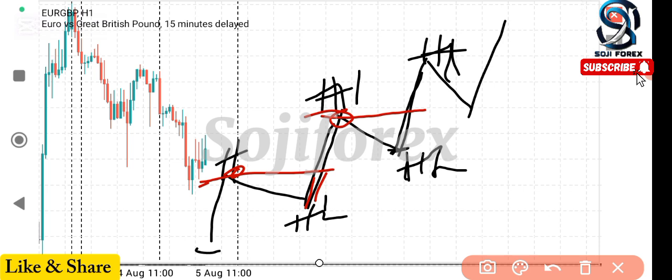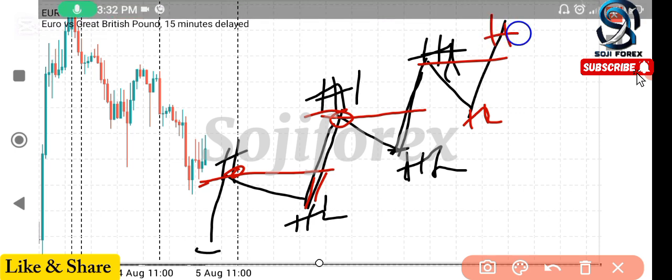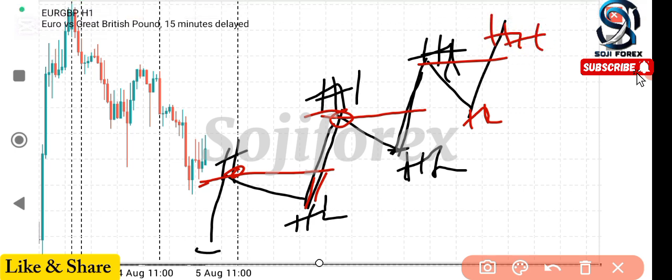Now this is a higher low, and then here we have a new higher high. So this is exactly how we can identify our uptrend scenario. Whenever you see price moving in this form, we can say we are in an uptrend.